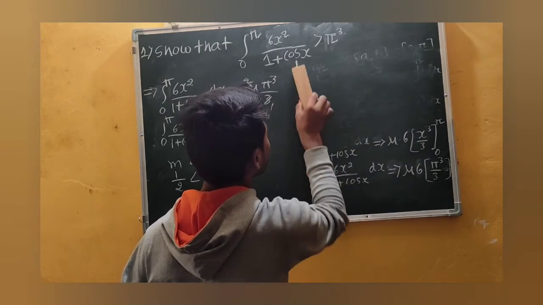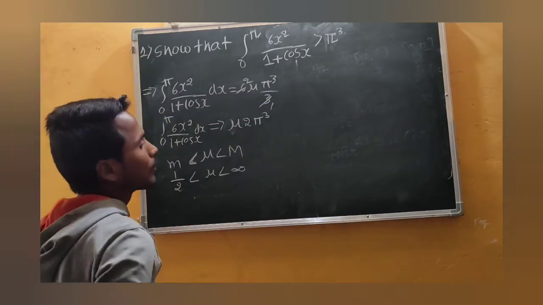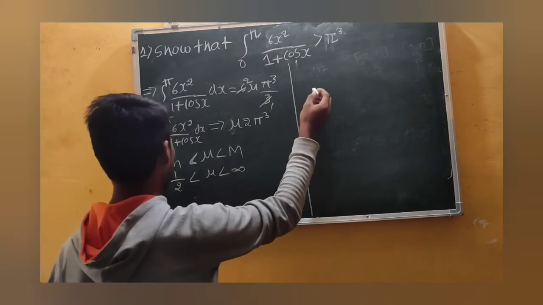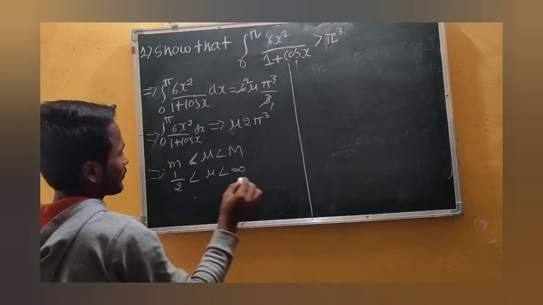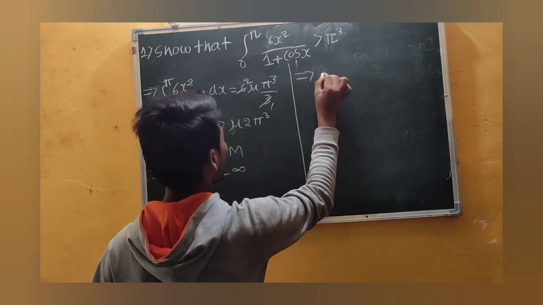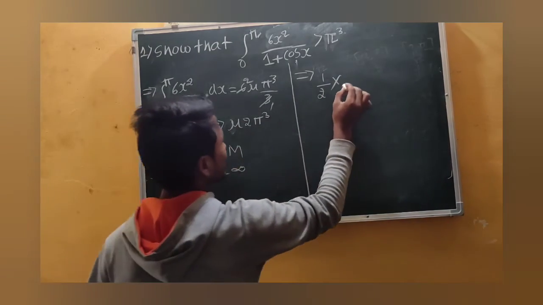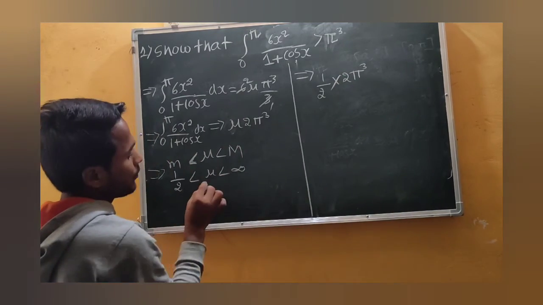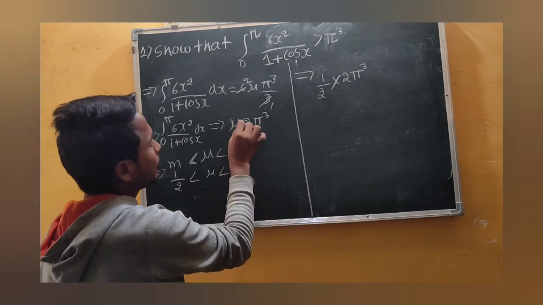So 2 into pi cube on both sides. Applying 1/2 and infinity to mu, we get mu into 2 pi cube.